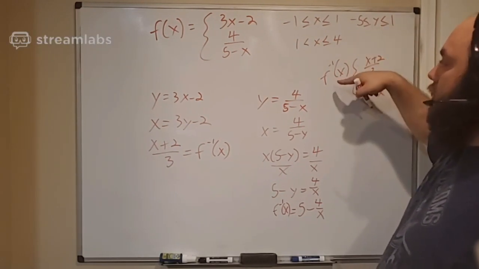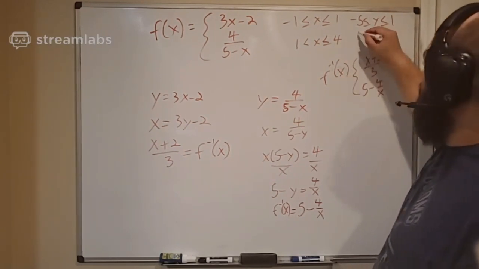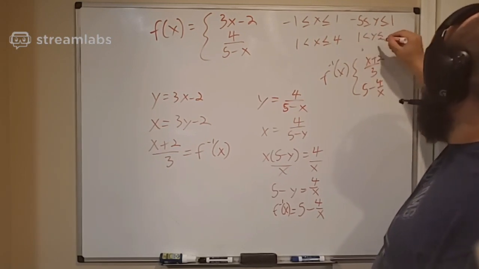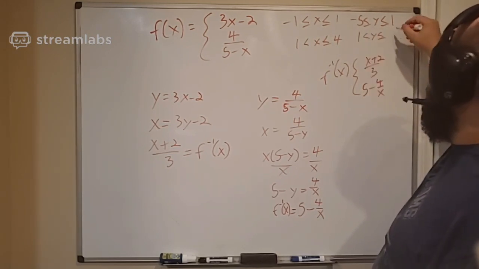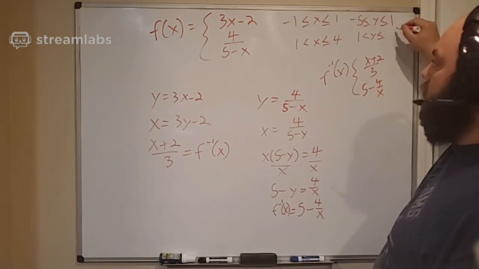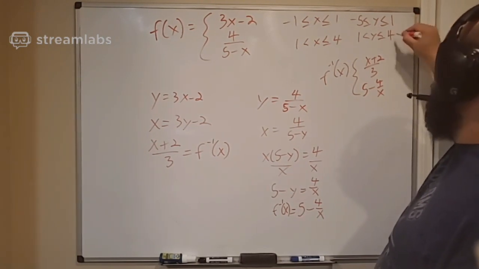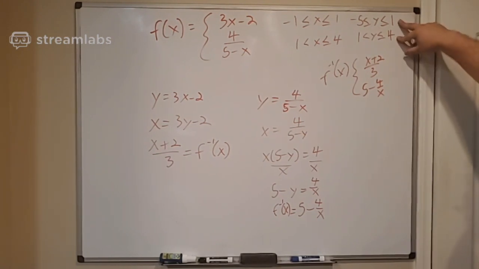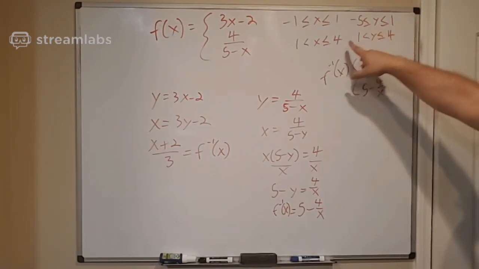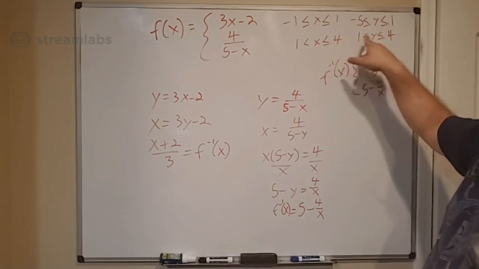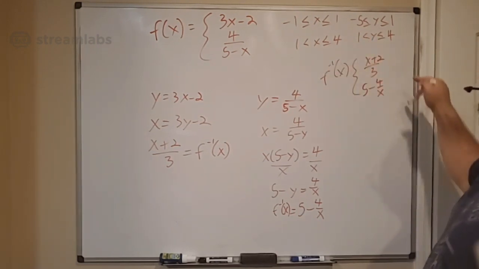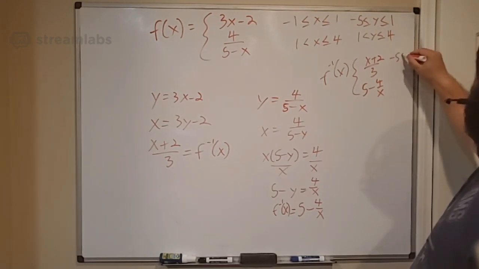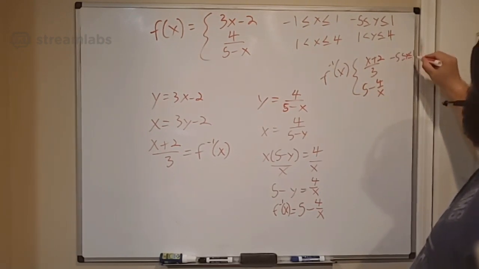So 1 is less than y is less than or equal to 4. Okay, so these are your ranges from this one. So they're going to be your domains down here. So pretty straightforward. So -5 is less than x less than or equal to 1, and 1 is less than x is less than or equal to 4.